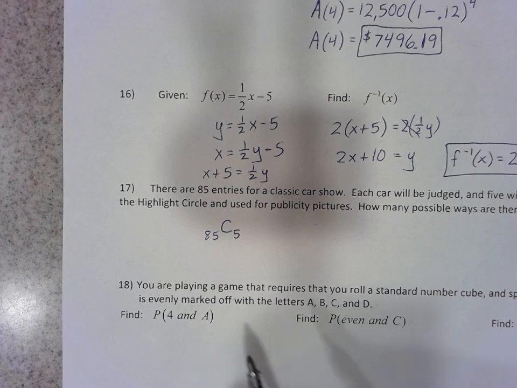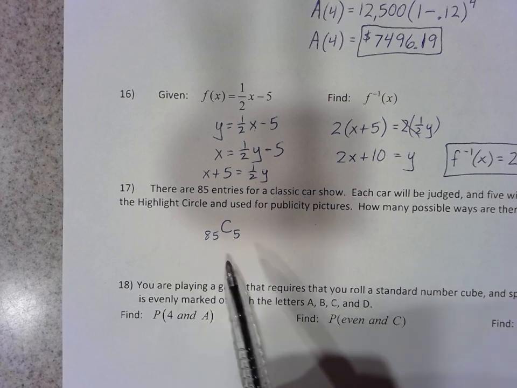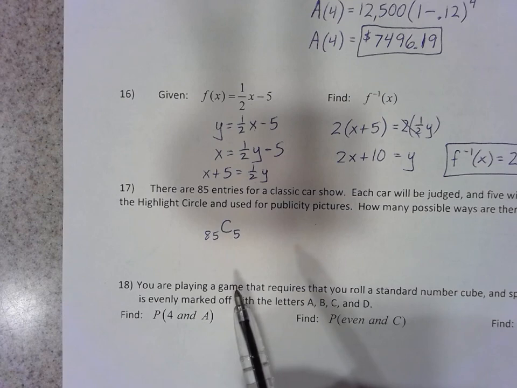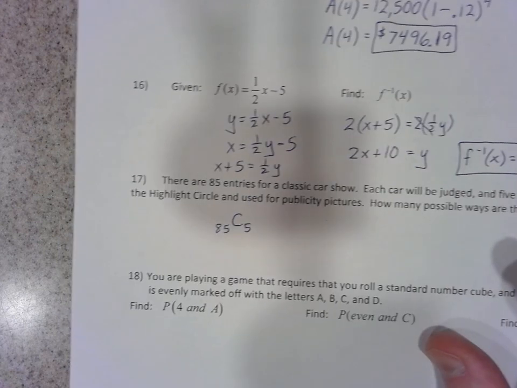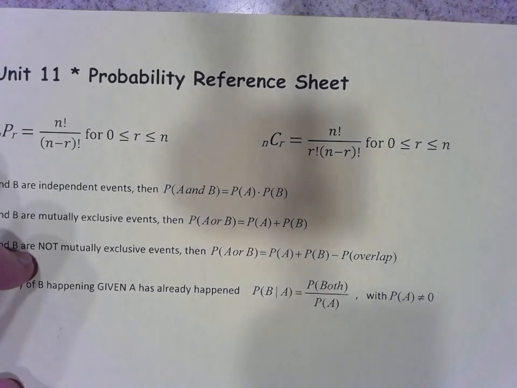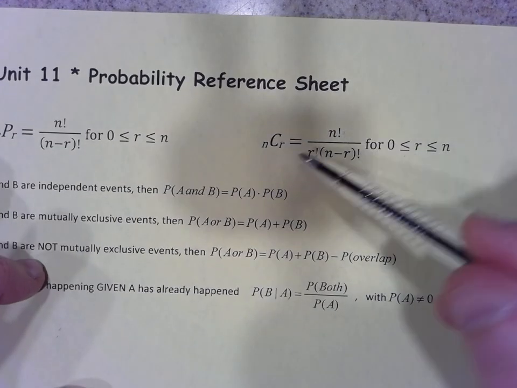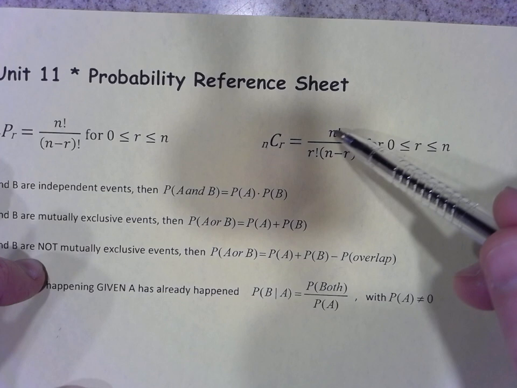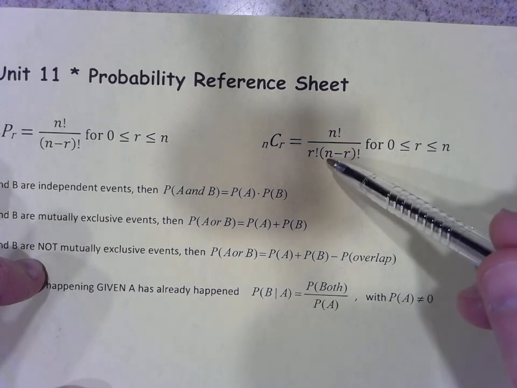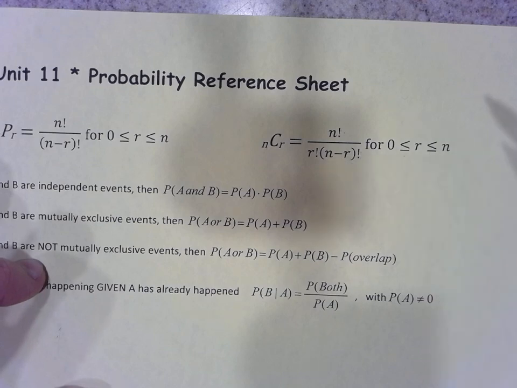Remember, if the order matters, we use a permutation. And so for a combination, if we check our reference sheet, it's the first number factorial over the second number factorial times first minus second number factorial.